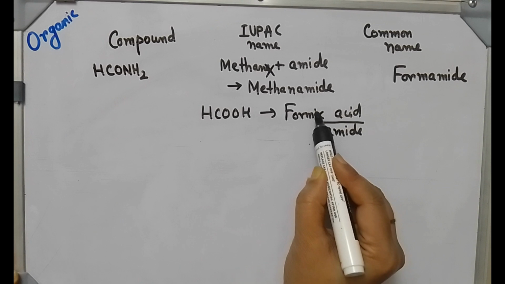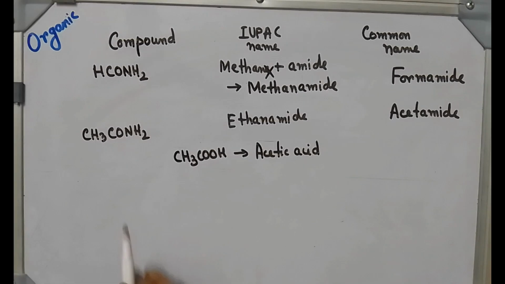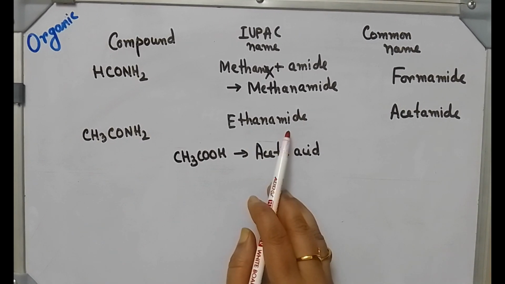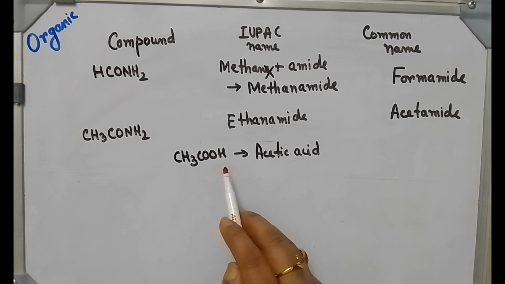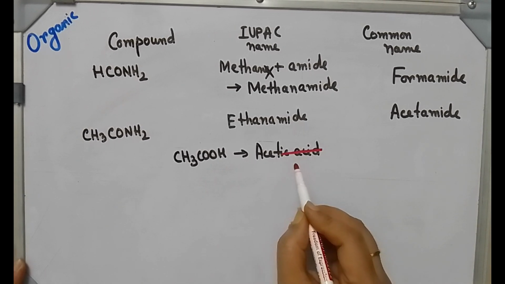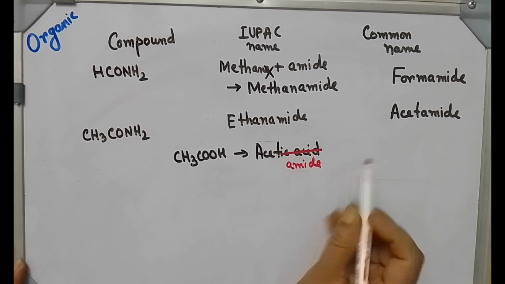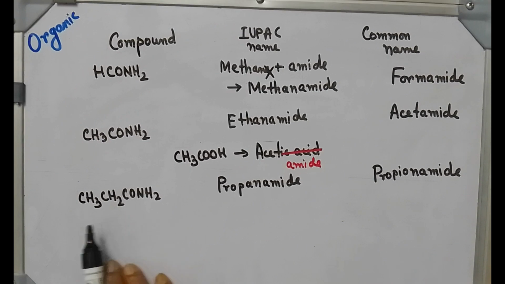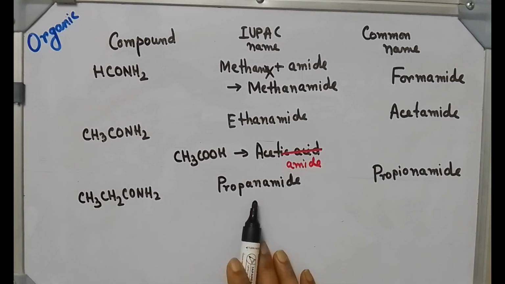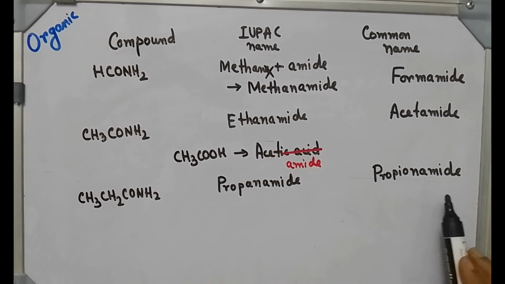In place of this ic acid, you have to add amide. For CH3CONH2, IUPAC name is ethanamide, and for common name CH3COOH means acetic acid. So we have to remove this. In place of that, we have to add amide. So it will be acetamide. Next one, CH3CH2CONH2, it is propanamide, propane plus amide, propanamide, and common name it is propionamide.